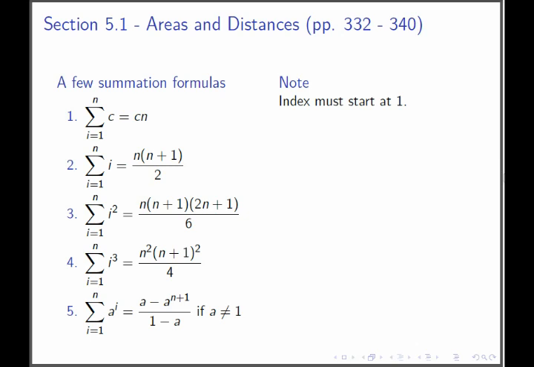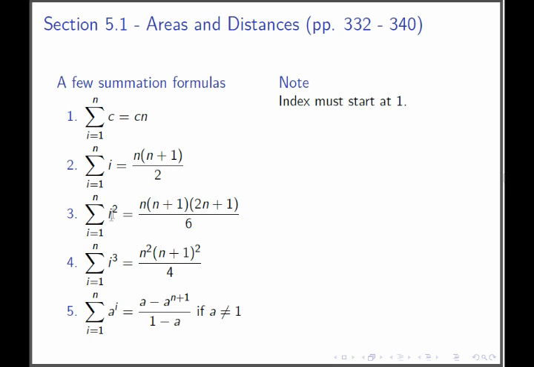Okay, so here are a few summation formulas that are useful when we're trying to evaluate large sums. For this first sum, c is a constant. This is saying that the sum of an expression not depending on the index is just the number of terms in that sum times that constant. This sum here is saying the sum of the positive numbers from 1 to n is equal to n times n plus 1 over 2.